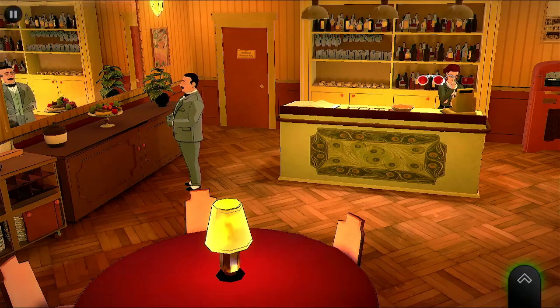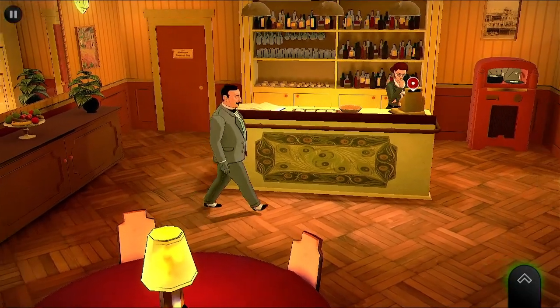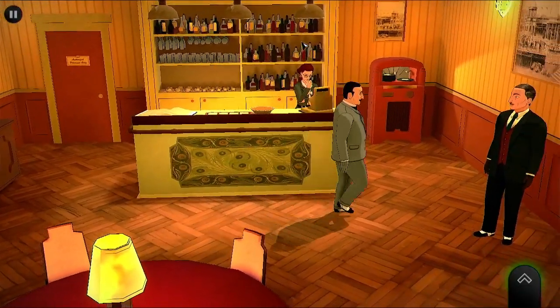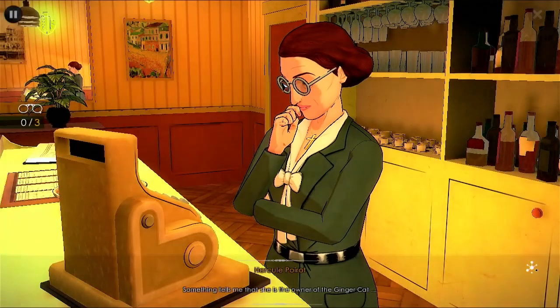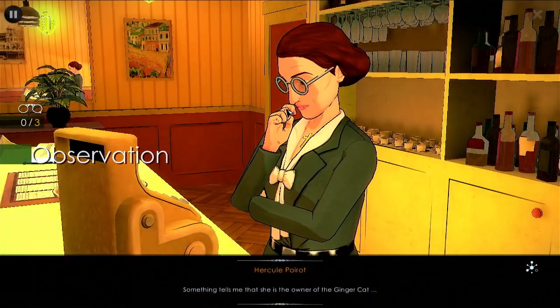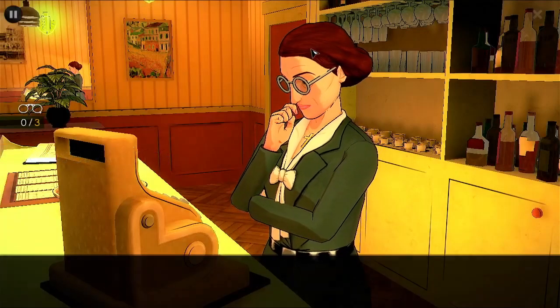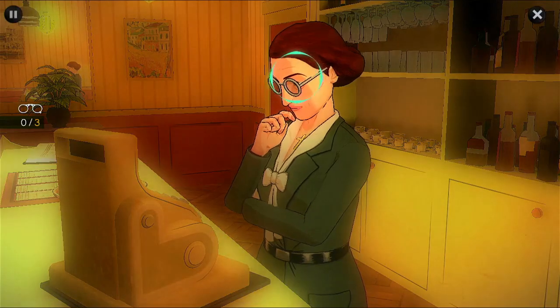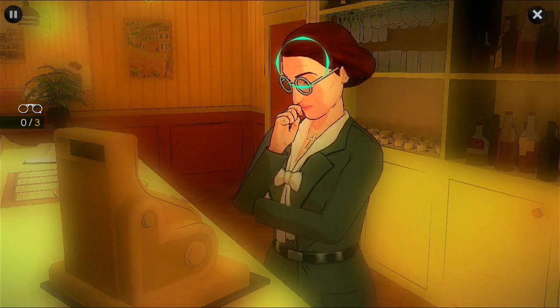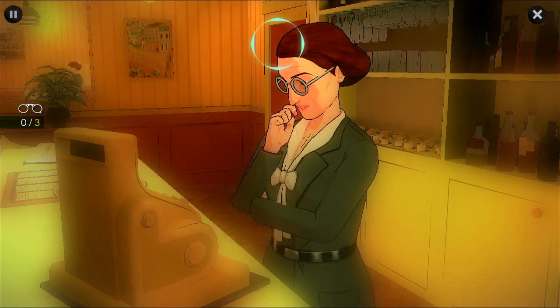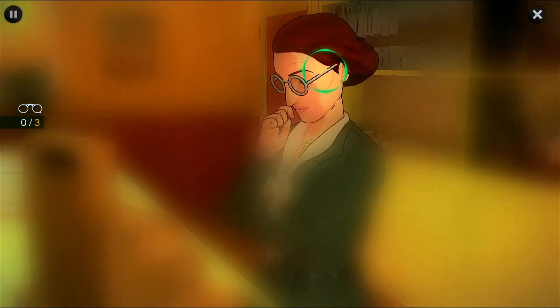Okay, let's have a little look at our lady. Assume that she's the manageress. Something tells me that she's the owner of the ginger cat. There we go.